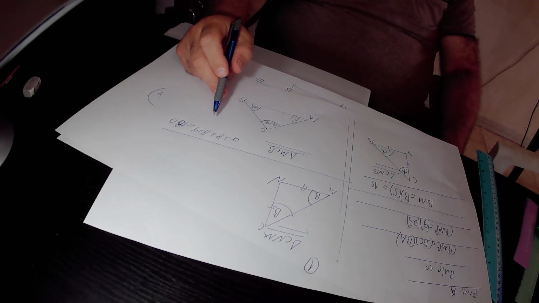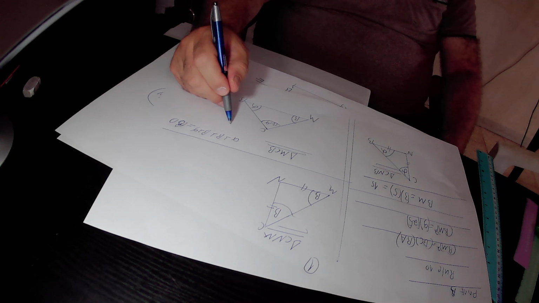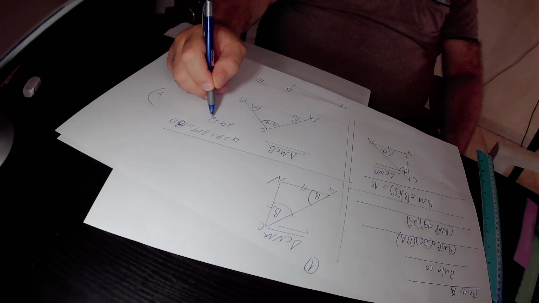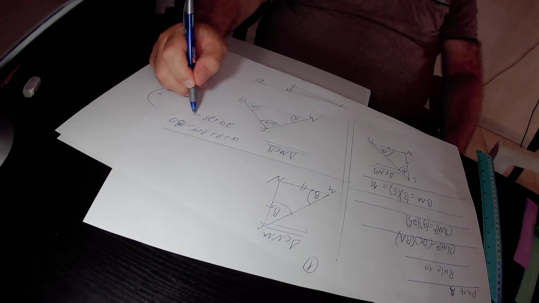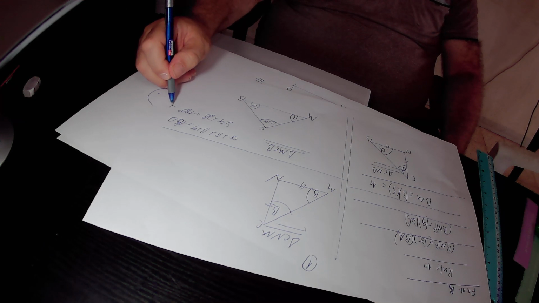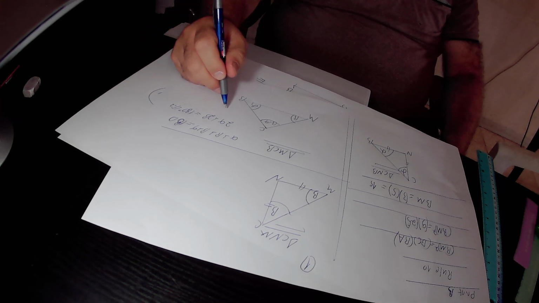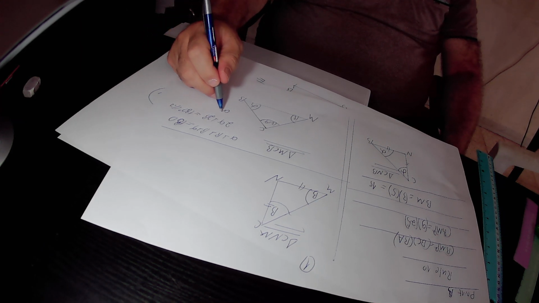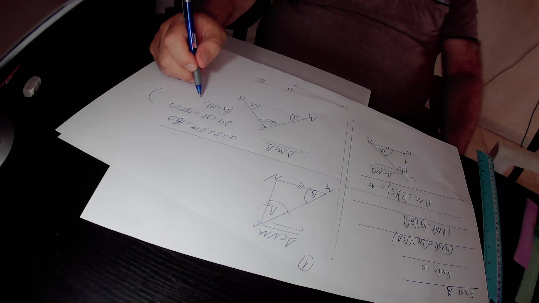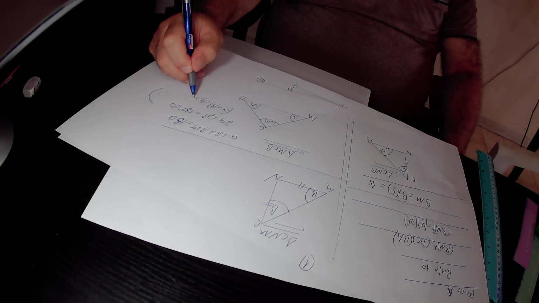On this side of the equation, we have alpha plus alpha, that is 2 alpha, beta plus beta is 2 beta, equal to 180 degrees. Here we divide this equation by 2 and find that 2 alpha over 2 is alpha, plus 2 beta over 2 is beta. So alpha plus beta equals 180 degrees over 2, which is 90 degrees.